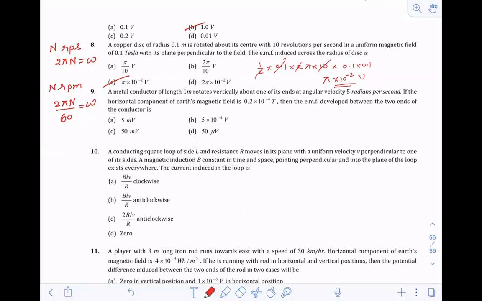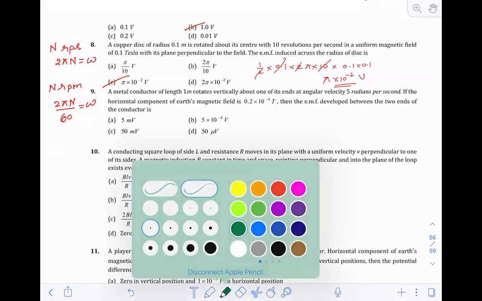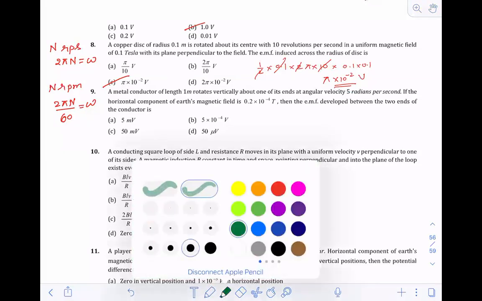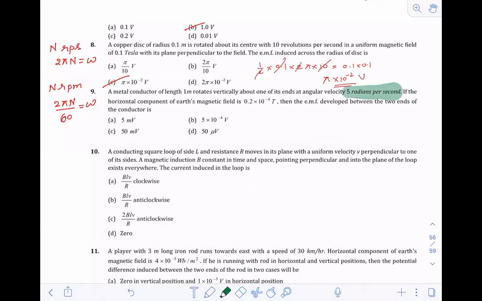A metal conductor of length 1 meter rotates vertically about one of its ends at angular velocity. See here, they have already provided 5 radians per second.